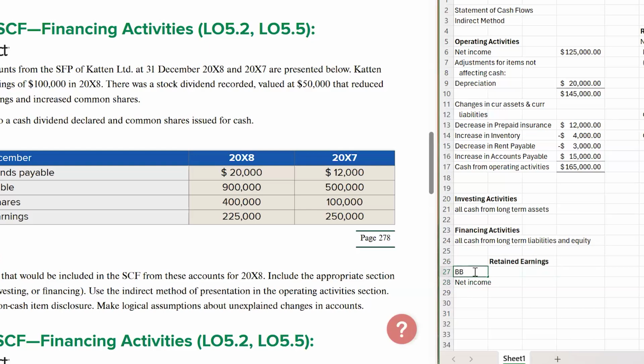So let's do beginning balance. In this question, this one is TR5-6. So my beginning balance is in the credit column. So I'll just move my T account up. This is going to be debits and credits. So my beginning balance in retained earnings is $250,000.